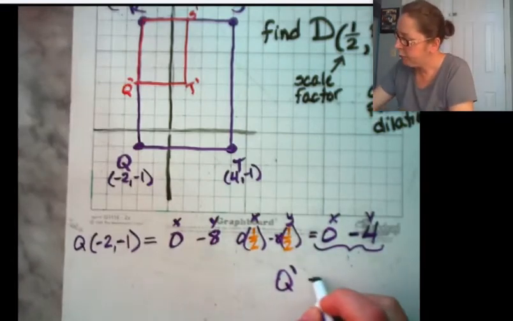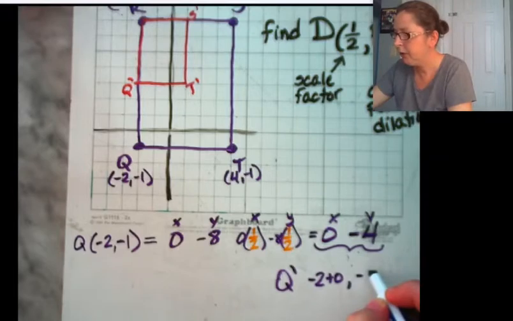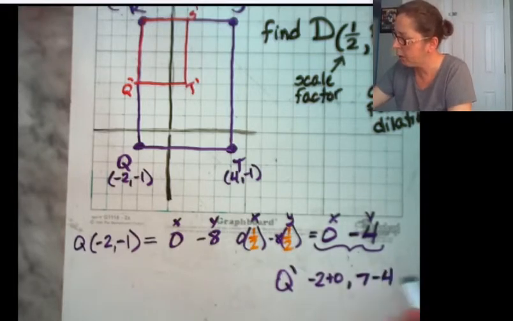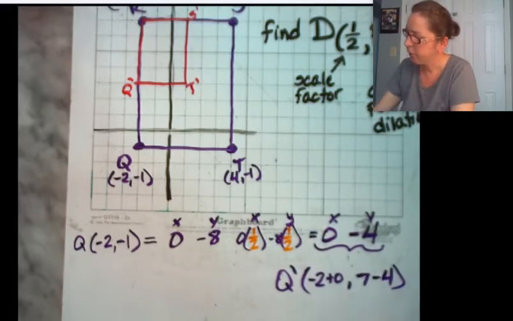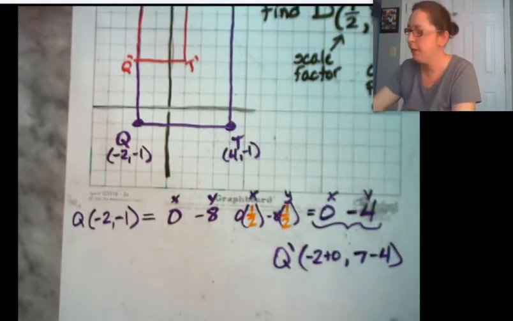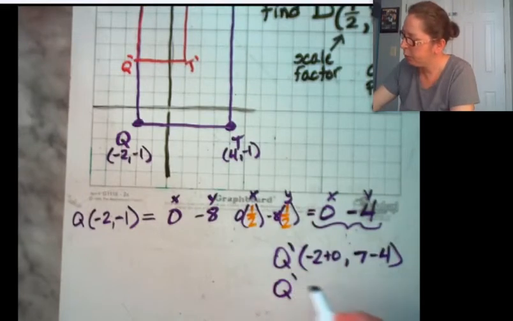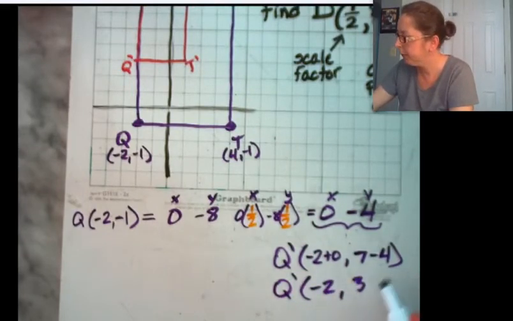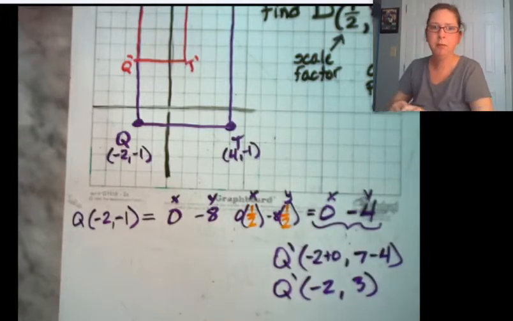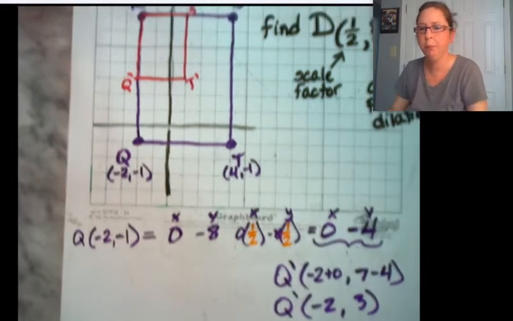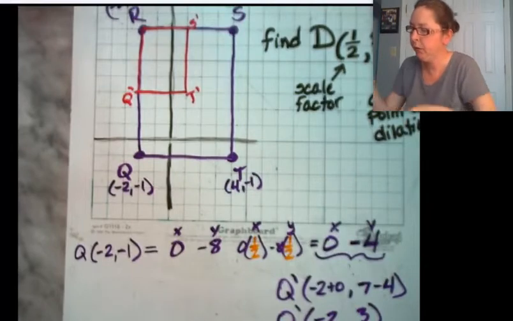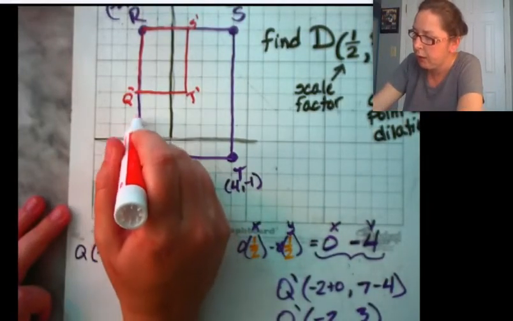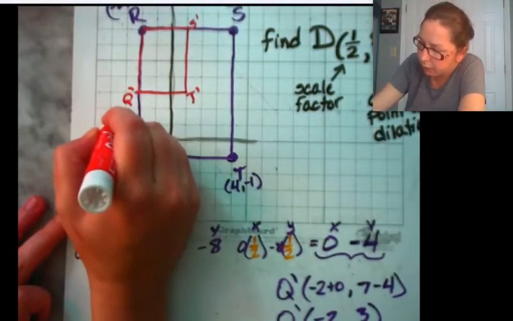So -2 plus 0, 7 minus 4. And if I simplify that, Q prime will be at -2, 3. And if you look at what we drew up here, Q prime is located at -2, 3.